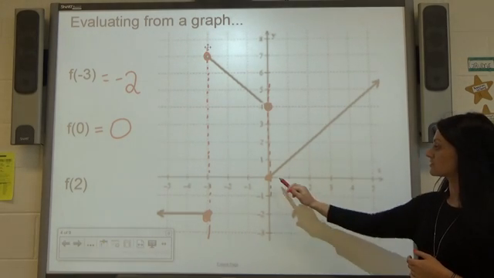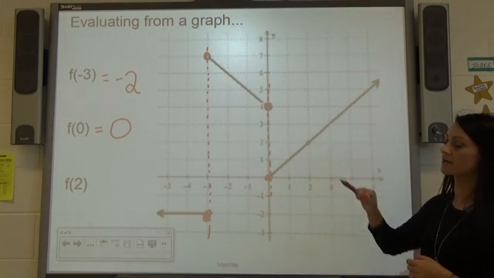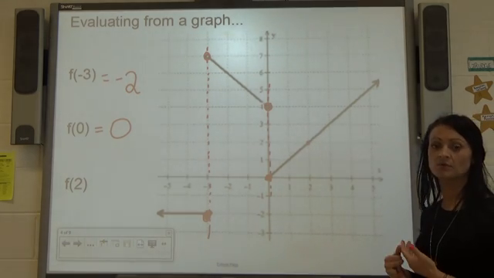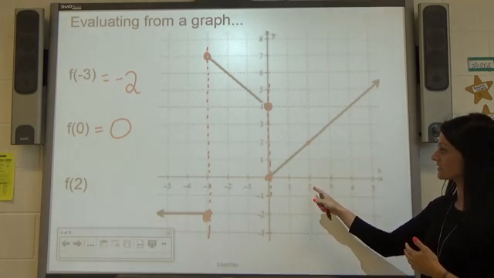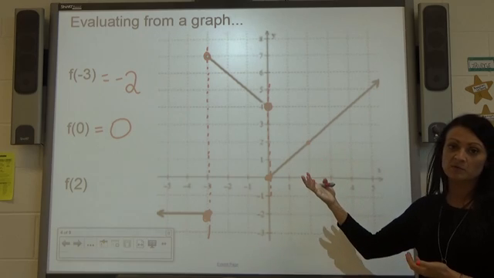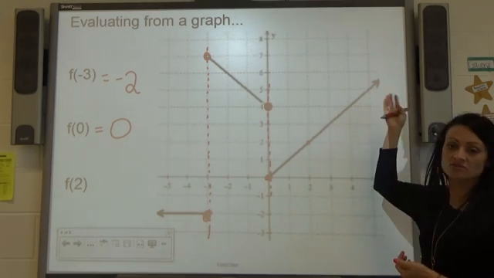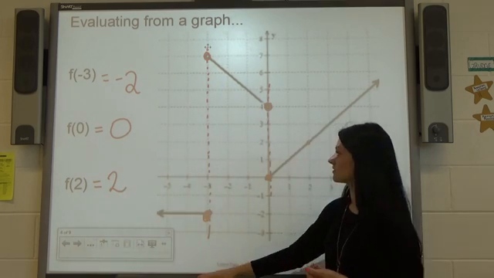And for the function at 2, I'm going to look at the x value of positive 2 and find where that would line up, or where that y value would be associated with the x value of 2. And in this case, it's living on this linear piece here. I don't have to worry about an open circle or closed circle because it's just the solid line. So this would be a y value of 2.